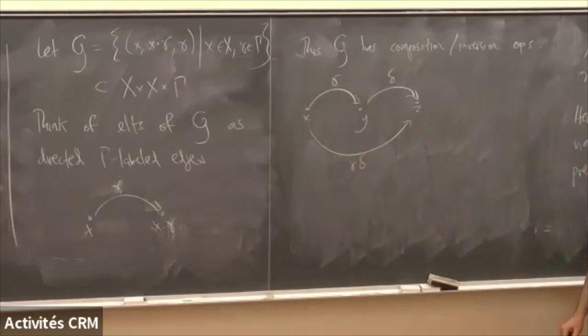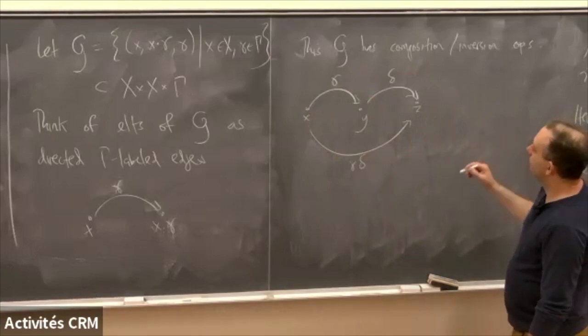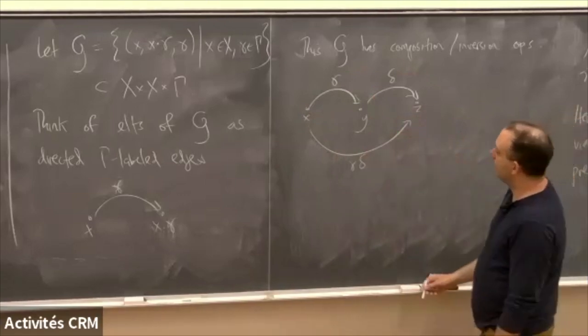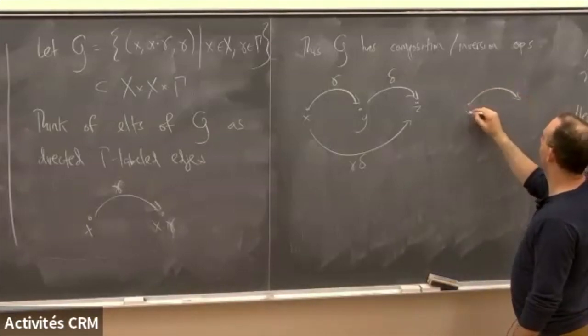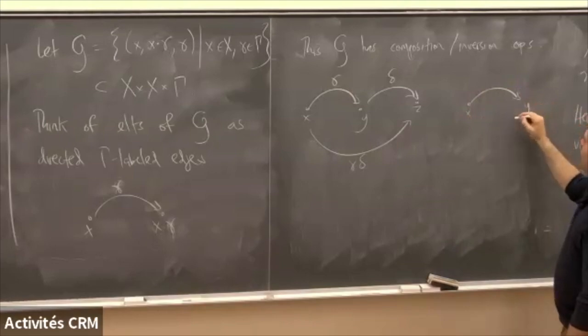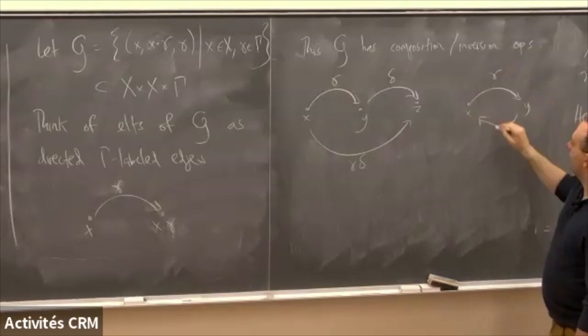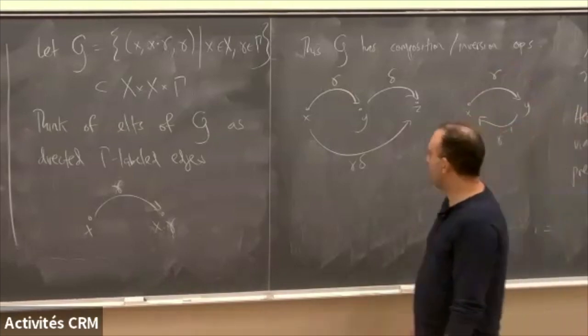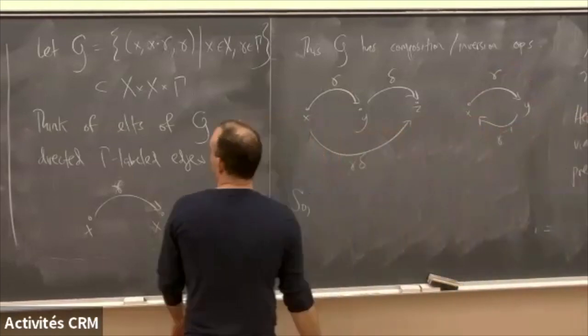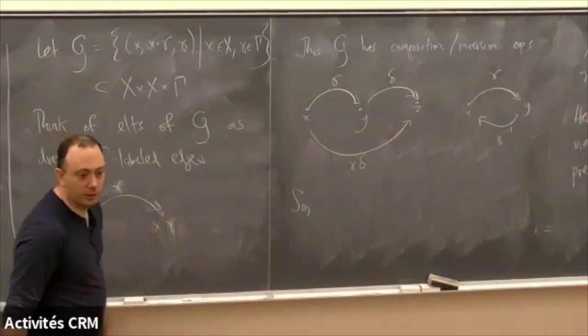This is the composition. I also have an inversion operation: if I have x and then y, labeled gamma, then I also have an edge going the other way labeled gamma inverse. If this terminology is familiar to you, then what I'm saying is that this G is a groupoid.